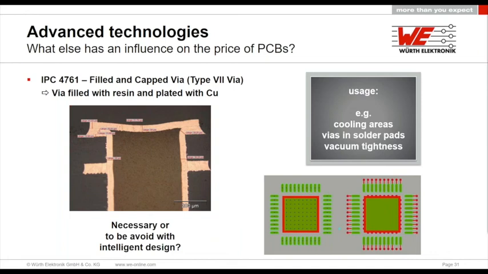You have a specific amount of heat which can be transferred to the backside, and still you do not need to fill the wires with resin and overplate them with copper. So it's always the question, which technology do you use? And even by changing from filled and capped to HDI build-up, I already told you that depending on your layout and depending on how many wires you really have, this might even benefit the board, or you might benefit from less cost.